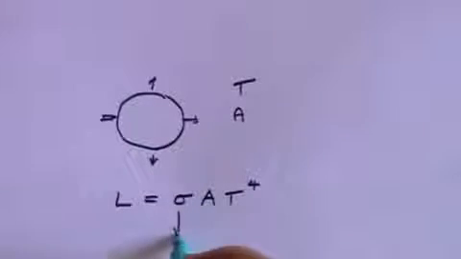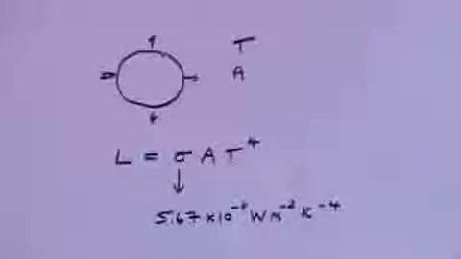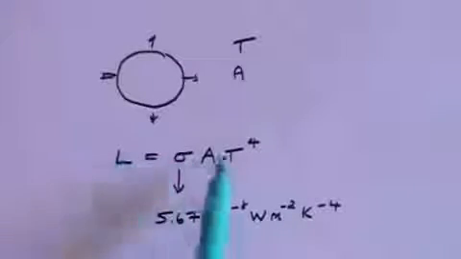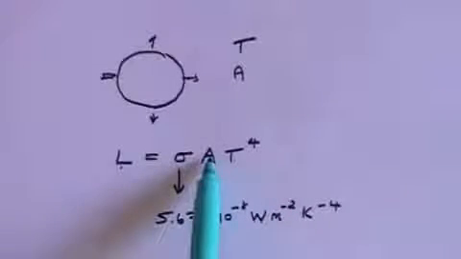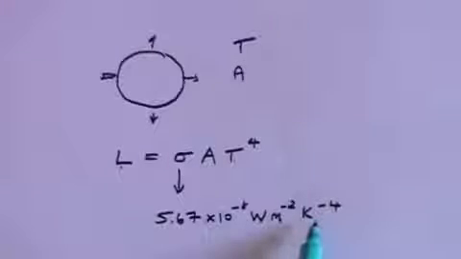And Stefan's constant is 5.67 times 10 to the minus 8 watts per meter squared per Kelvin to the power 4. And that is obvious because that has to balance this with this. Luminosity is measured in watts, area is measured in meters squared, and temperature to the power 4 is measured in Kelvin to the power 4.